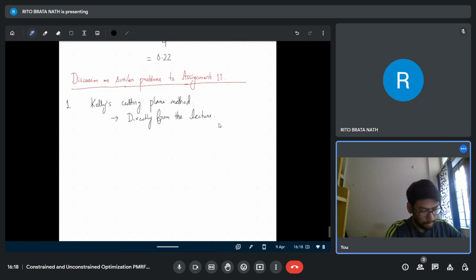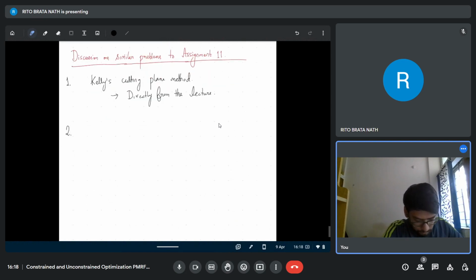Next, I think video 51 will probably have it. Next is functions, and yeah, it's given. Obtain Kelly's cutting planes for the above problem at a point. Okay, so let me solve a similar problem. Let f equal x squared plus y squared plus 2x minus 3y plus 5.